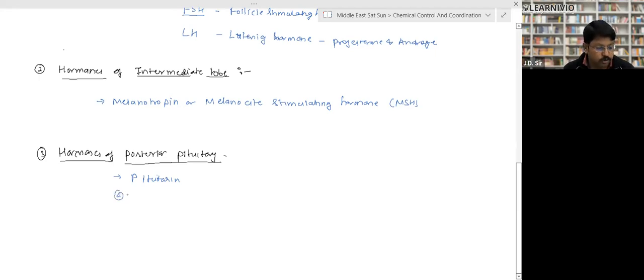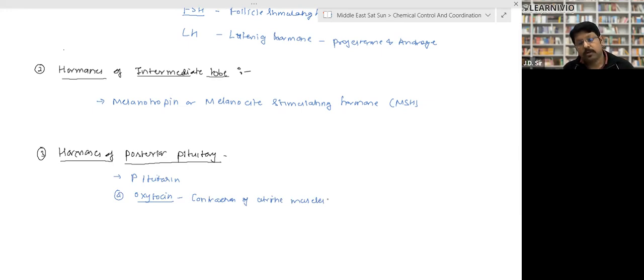A, oxytocin. It causes contraction of uterine muscles.